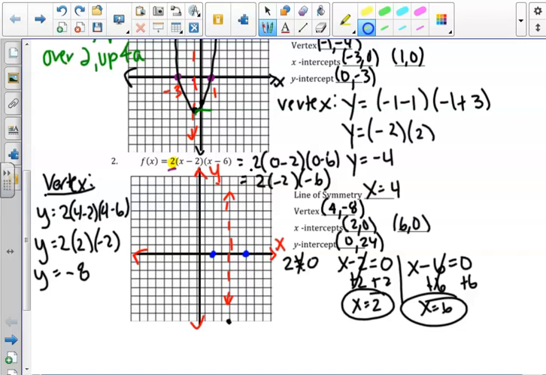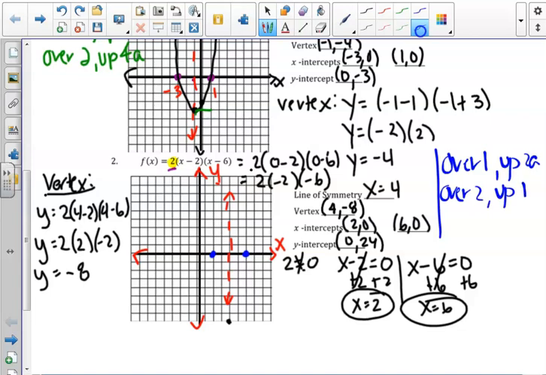So part of this lesson was discovering what the vertical stretch is. Keep in mind from a previous lesson, we can figure out the vertical stretch by using the rule over 1, up a to get the next point, or over 2, up 4a.